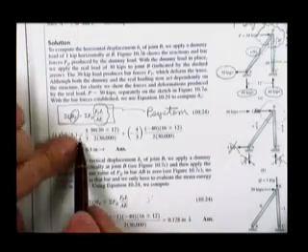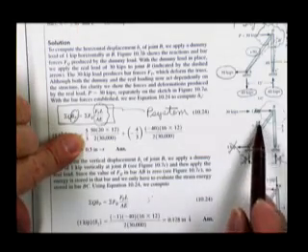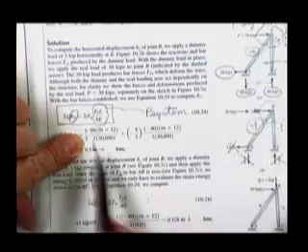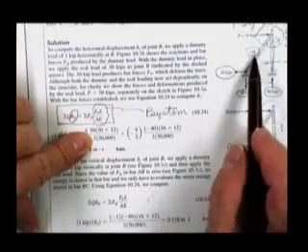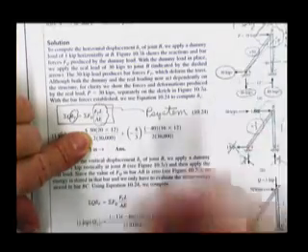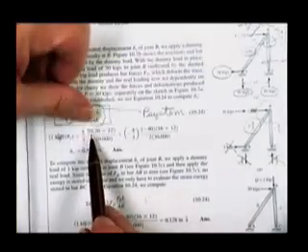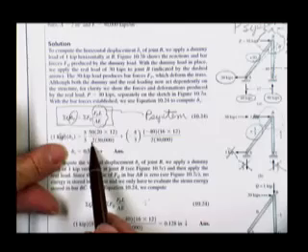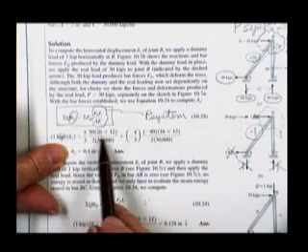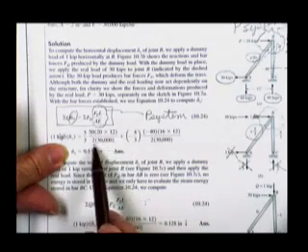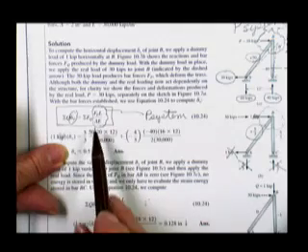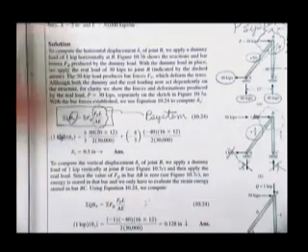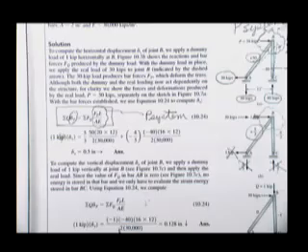Is equal to, here's our Q load, 5/3. Here's our P load, 50. 5/3 times 50, the rest of it is over 2, times the length is 20 times 12 over 2 for the area, E for the 30,000.